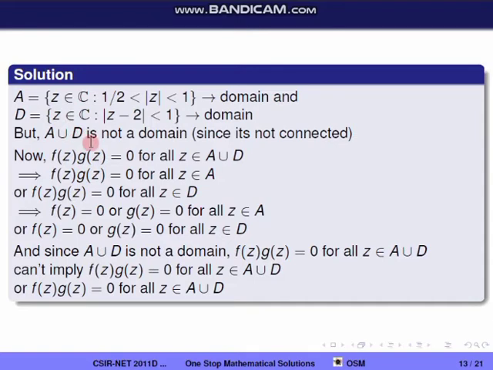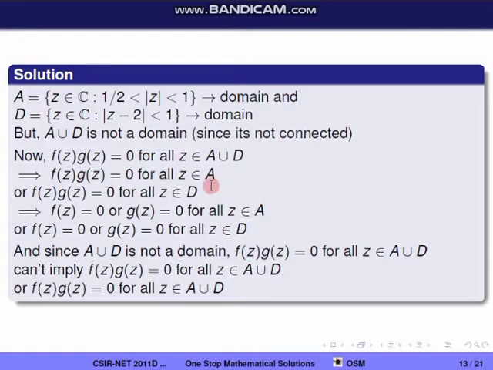So if we take f of z into g of z equal to 0 for all z in A union D, then we can state that f of z into g of z equal to 0 for all z in A, or f of z into g of z equal to 0 for all z in D, by the concept of union.